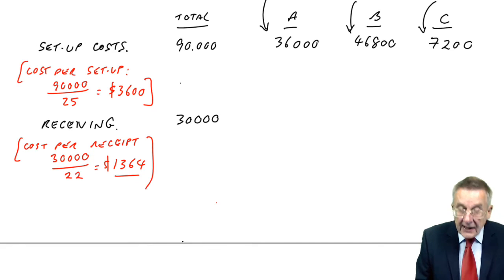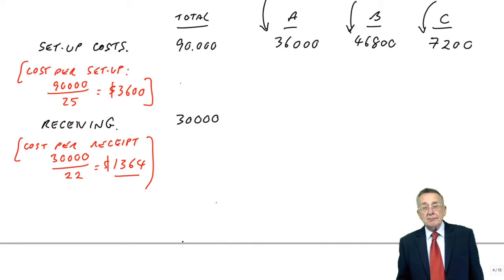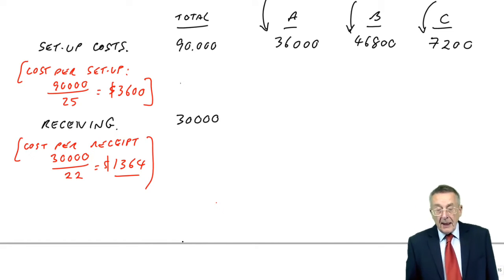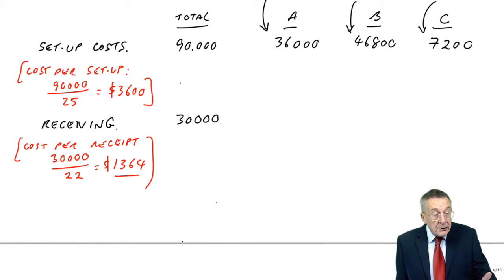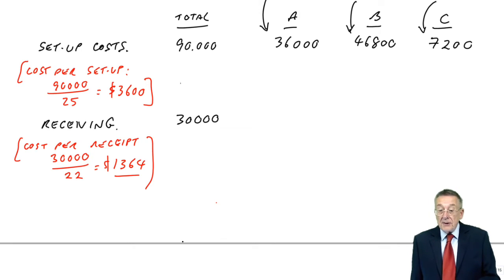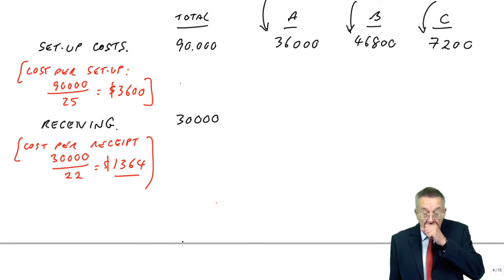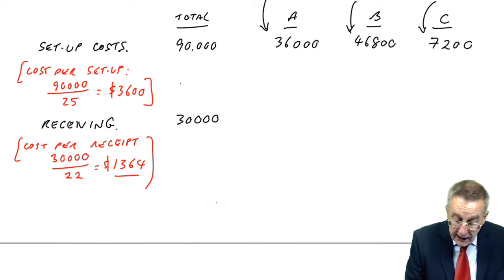Now, some people get upset about the rounding. Be patient with me. I'll tell you why I've done it at the end. If you want to go to more decimal places, do, but you'll see there isn't actually a need.